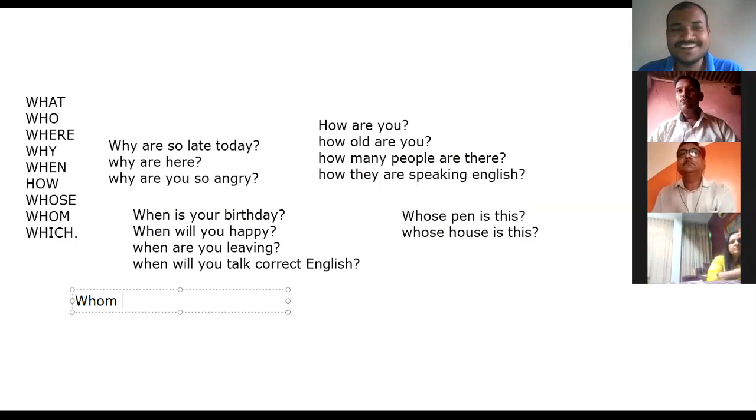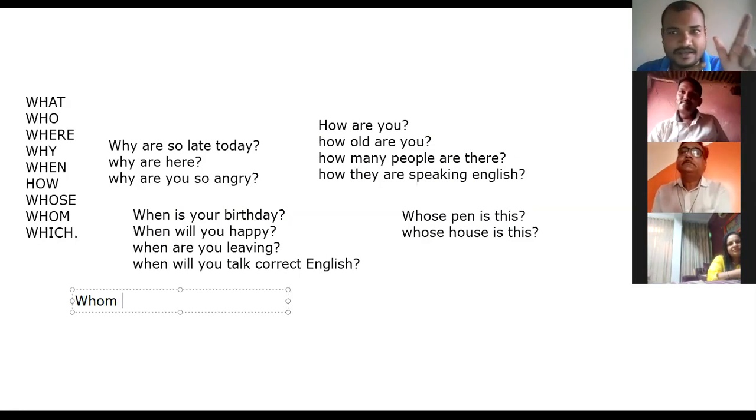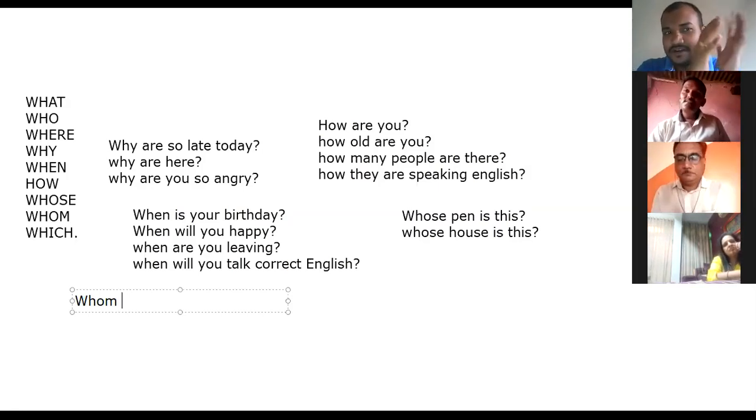Do one thing. Give me the list of pronouns in your language and I'll give you the English. This will be your homework for tomorrow. Hindi people can give me these words from English to Hindi. Similarly, Marathi people can give me the meanings of English to Marathi.